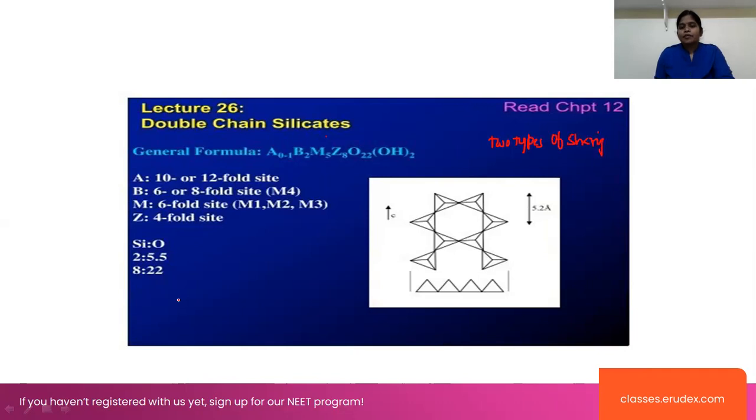So whenever you are seeing at the corners, oxygen sharing will be 2. At the center, oxygen sharing will be 3 here. So look, the structure is like this, oxygen minus oxygen, and here it is oxygen.